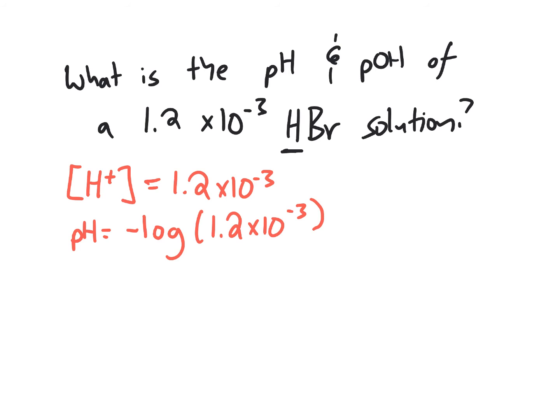So I found pH. First I got H plus. H plus is given to me in the problem. I know it's H plus because it's hydrogen bromide. It's not got an OH in it, so it's going to be pH. Negative log 1.2 times 10 to the negative 3.